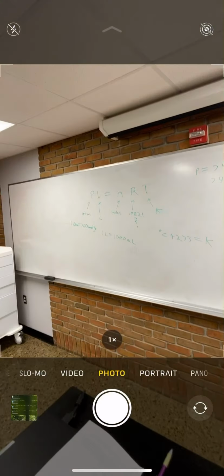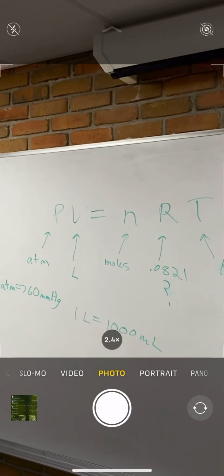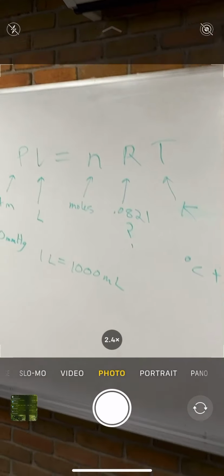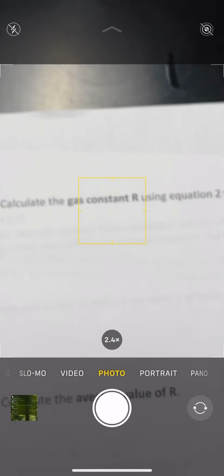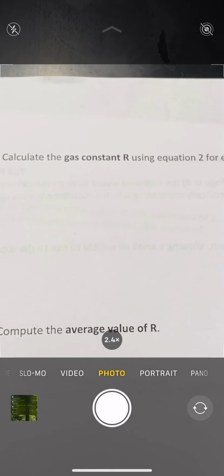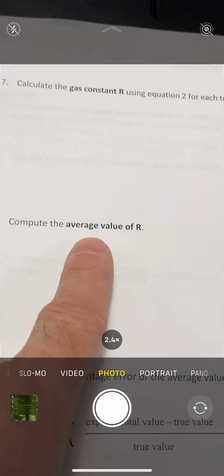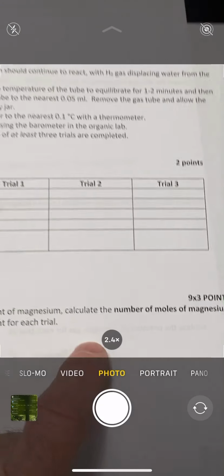Finally, you're going to take all those answers and plug them into PV equals nRT. We've got the pressure, the volume, the moles, and the temperature. You're going to solve for R. And you have to do that for 3 trials. I'll upload this with a picture of someone's data so that you can fill out the table, which has a trial 2 and trial 3.